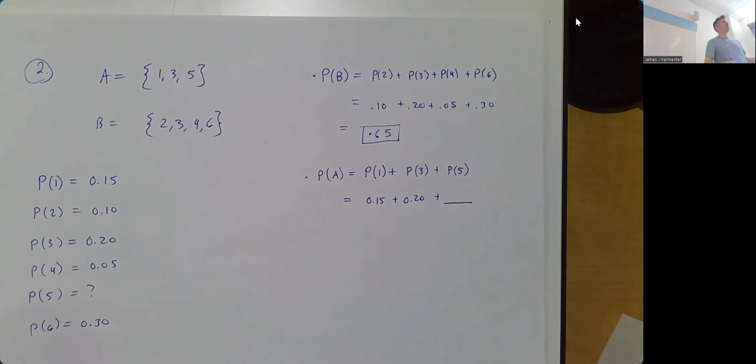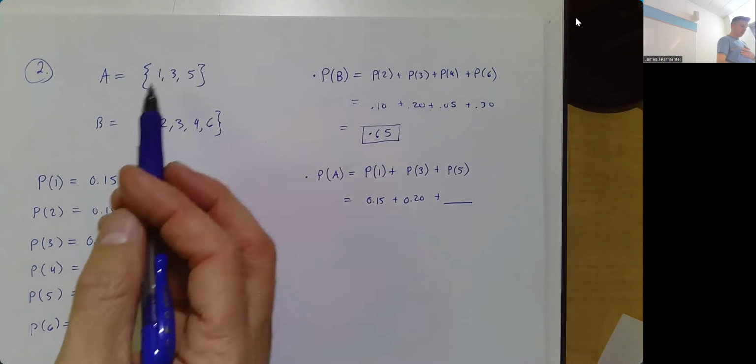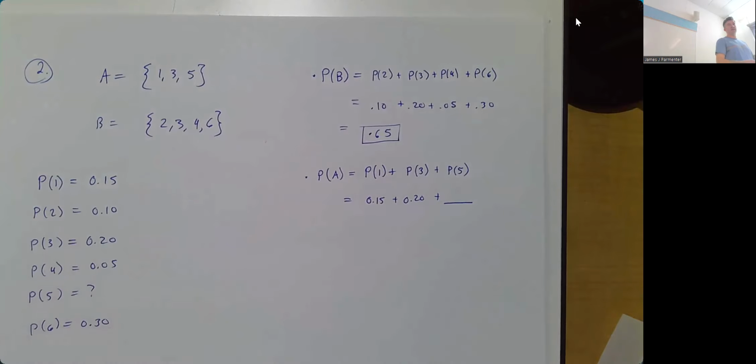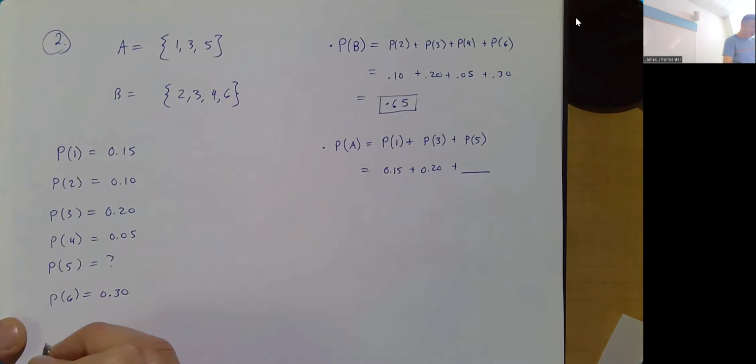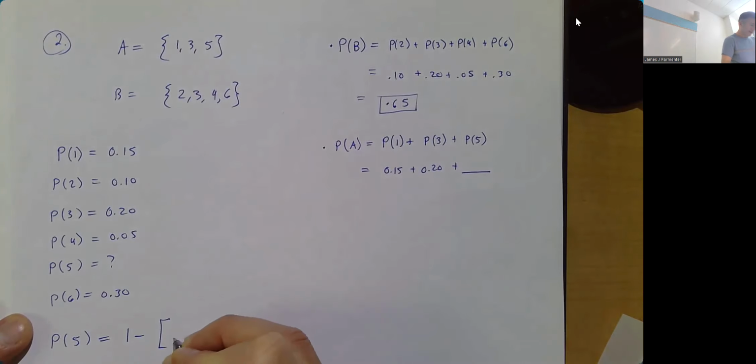So we have to use some of the things that are true about probabilities, which is that if we're thinking of 1, 2, 3, 4, 5, 6 as the entire sample space, then all their probabilities should add up to how much? So the probability of 5 should equal 1 minus all the other probabilities added together. I'm just going to write out the numbers.